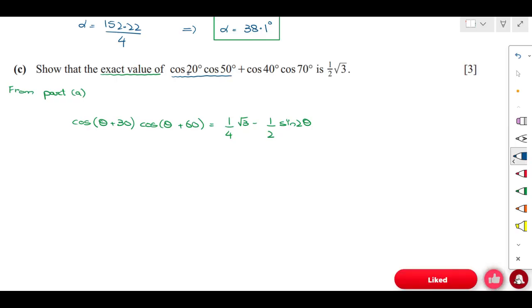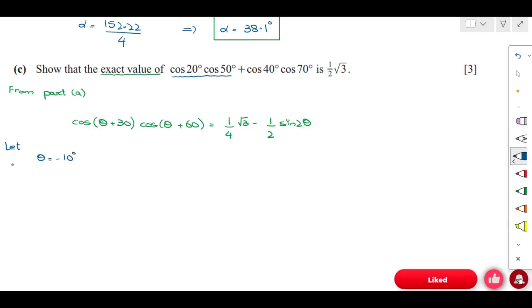Cos 20 cos 50. How do we make it 20 and how do we make it 50? From 60, if you subtract 10, it's 50. From 30, subtract 10 is 20, right? So here we can say let theta equal minus 10 degrees.